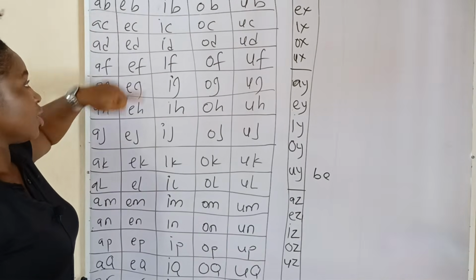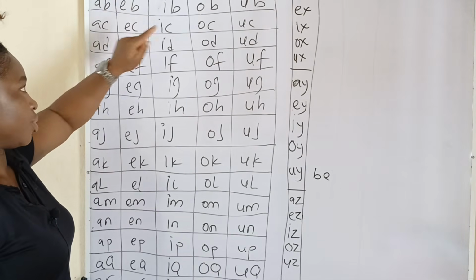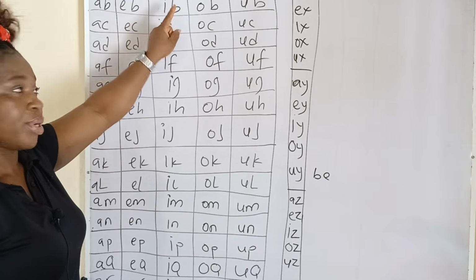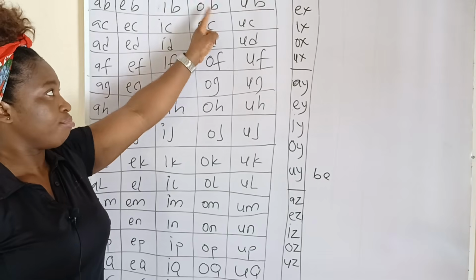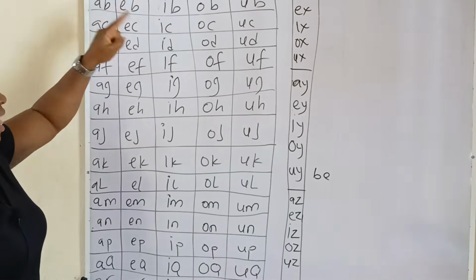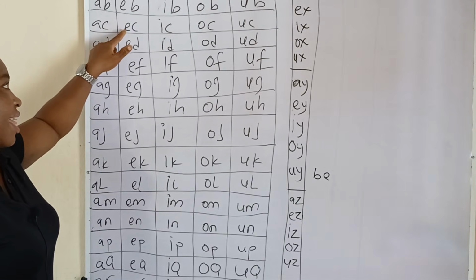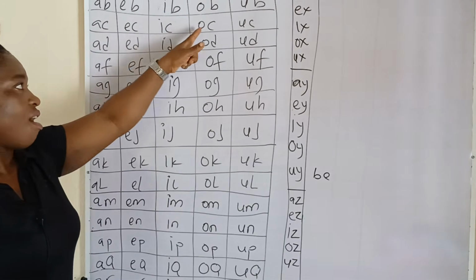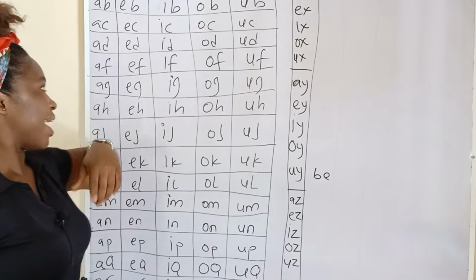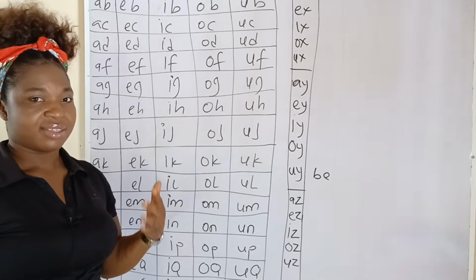So a, b; e, b; i, b; o, b; u, b. So we have ab, eb, ib, ob, ub. Ak, ek, ik, ok, uk. You see the way it goes?